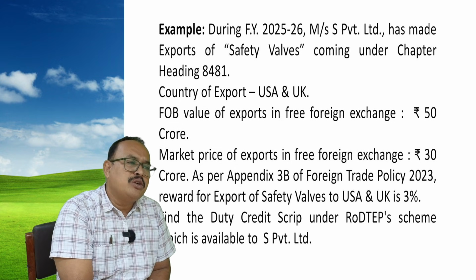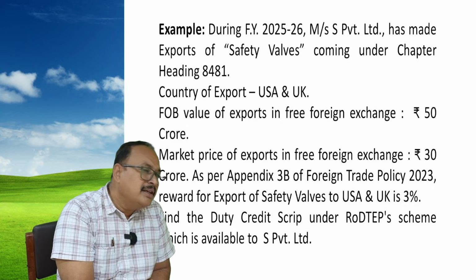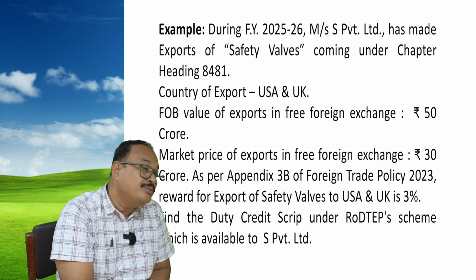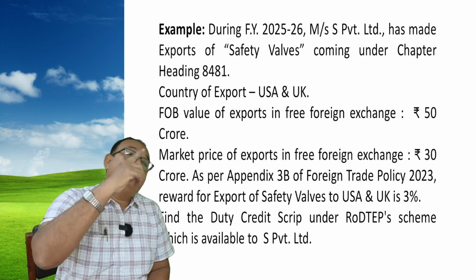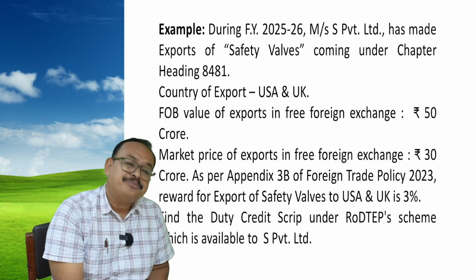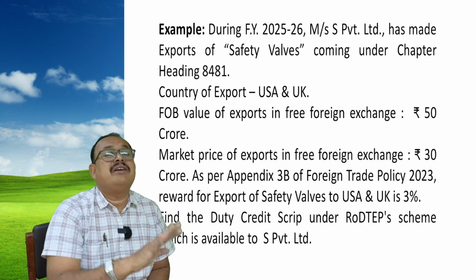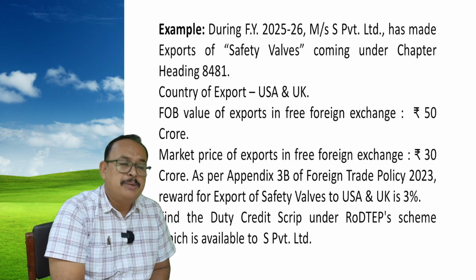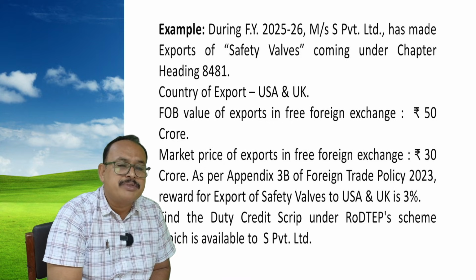Now 1.5 times of 30 crores is how much? 45 crores. So 50 crores or 45 crores, whichever is less. Which is less? 45 crores, on which the reward rate applies, 3%. The 3% will be given in the examination, don't worry at all. Equal to how much comes?